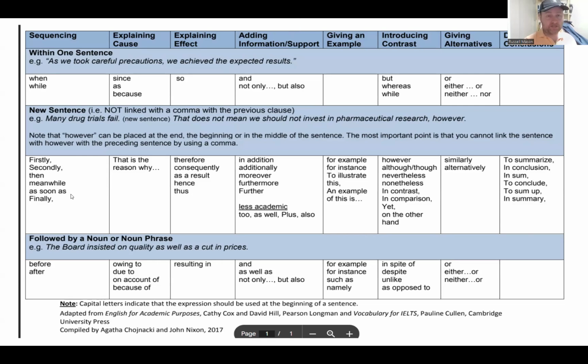So those were used in my example paragraph. You might want to explain cause or effect or add information. So adding is obviously very, very useful. So they will probably be used in your paragraph. If it's an example, you need to use the appropriate discourse marker, and also for things like contrast, drawing conclusions, and so on.